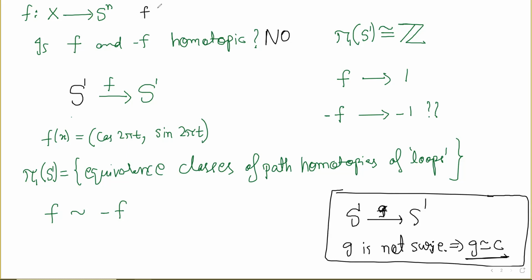Okay, so F is surjective. But now to prove that something is not homotopic is going to be more difficult, as you can understand.